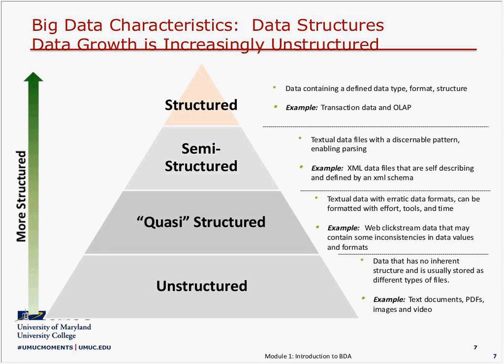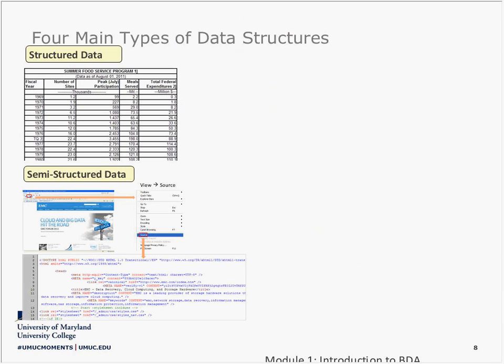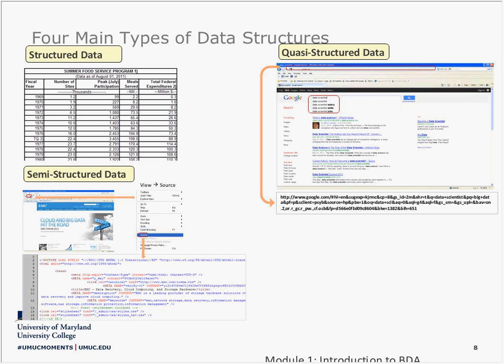You can find different examples if you look at the different readings we have in the classroom, or for instance, this next slide I have about clickstream, quasi-structured, and semi-structured data such as XML files.